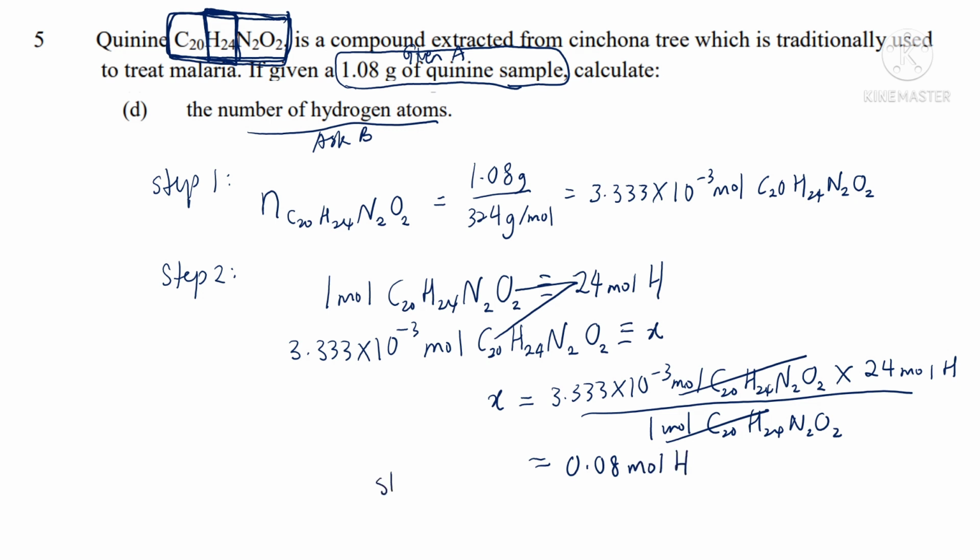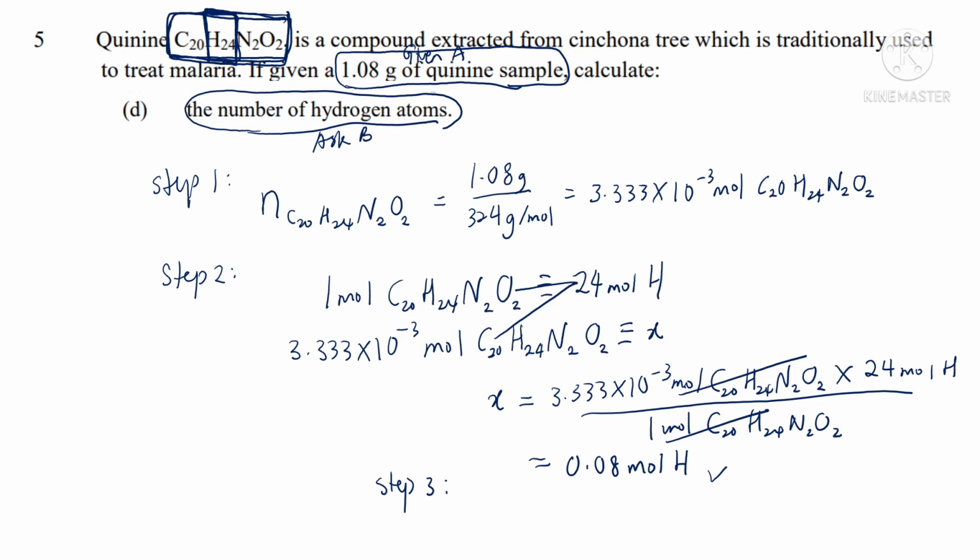And in step number 3, we want to find the number of hydrogen atoms. We already have the number of moles of hydrogen atoms. We want to find the number of hydrogen atoms. So which formula to use? We can use the number of moles equals number of particles divided by Avogadro constant.